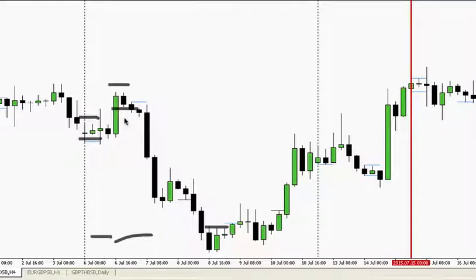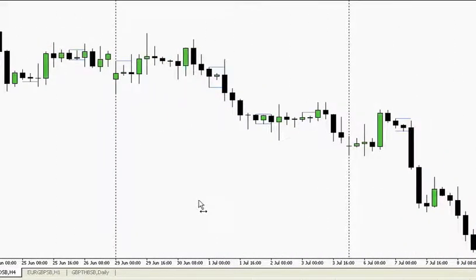You'll quite often catch these big moves. There tends to be either one or two of these every week, and if you catch one of these big moves, it's not a bad time to call it quits for the week. And they're very common. Do some backtest data, and you'll see.